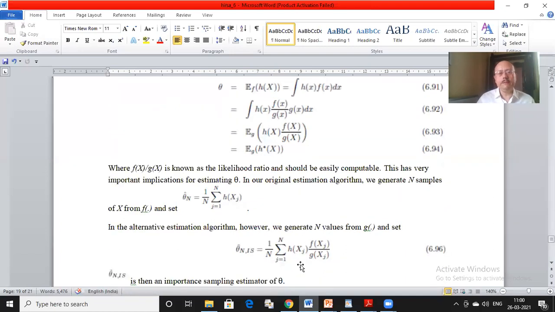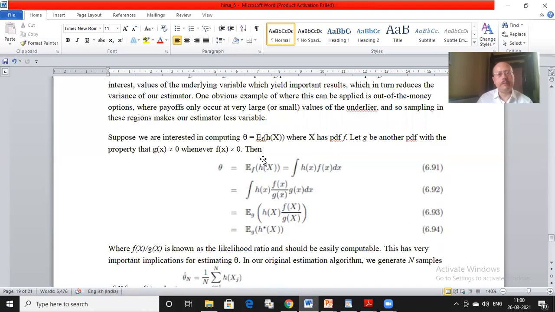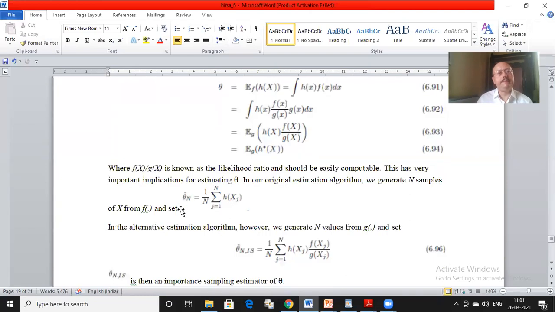Why do we need to do this? This has very important implications for estimating theta. In our original estimation algorithm, we generate capital N samples of X from f, the original density, and we set theta hat N equal to the simple average of h(X).